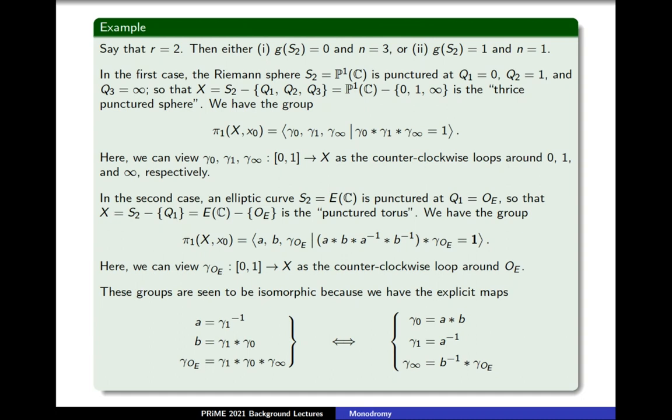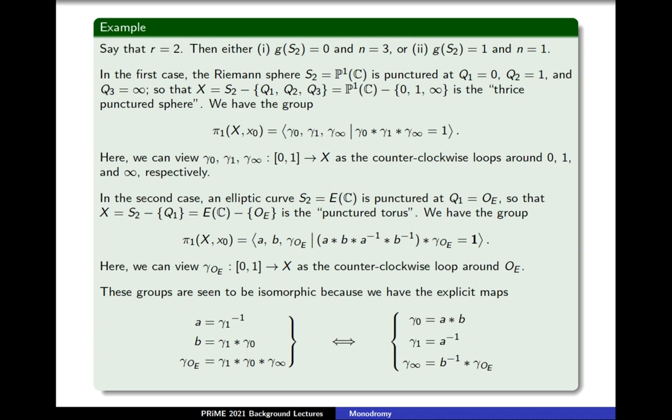Okay, now in the second case, we're considering S2 to be an elliptic curve punctured at 1 point. Let's puncture it at the point at infinity. So our X is equal to S2 minus Q1, or E of C minus the point at infinity. We can call this the punctured torus, and we have the group that pi1 of X based at x naught is generated by elements a, b, and gamma of the point at infinity.